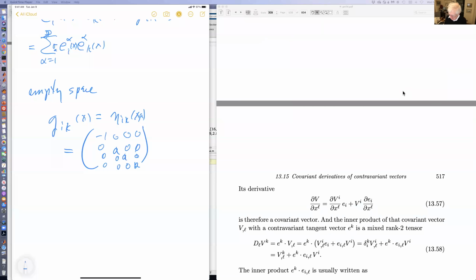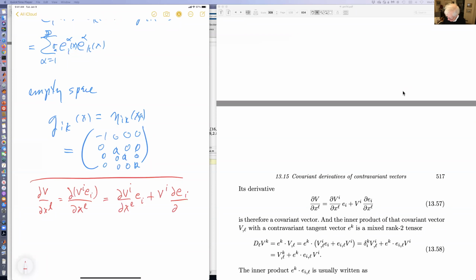So we can say that the partial of V with respect to x^l would then be partial V^i, partial x^l times E_i plus V^i partial E_i, partial x^l.